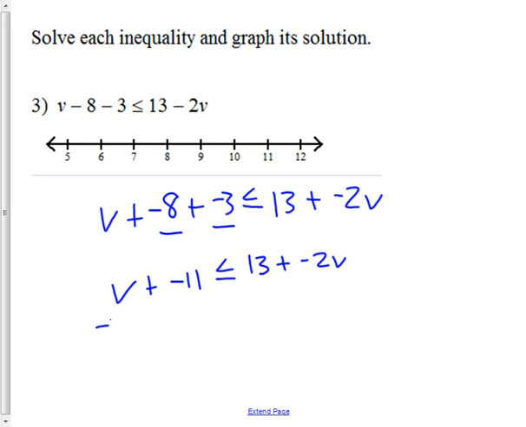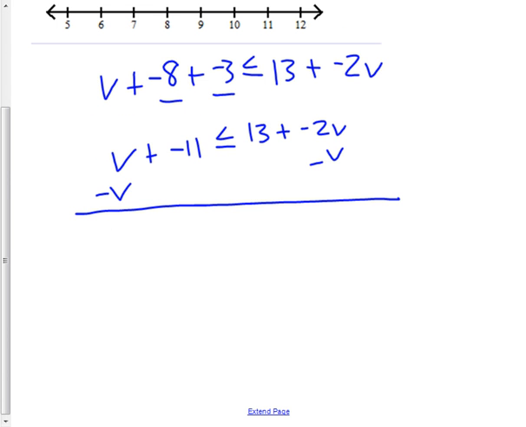So I'm going to subtract a v from both sides, draw my line. Since I am subtracting, I'm not dividing or multiplying, so that does nothing to my sign. So I'm going to bring my sign straight down. This here will cancel. I'm going to have negative 11 is less than or equal to, nothing happened to my sign, 13 plus negative 3v.